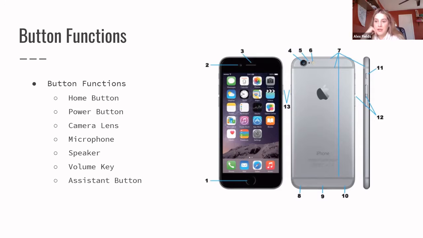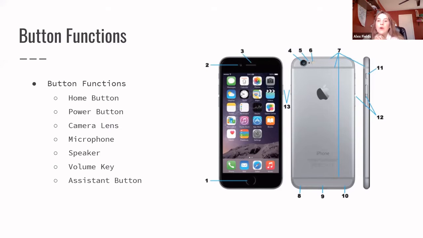Now, from this picture, we have an iPhone that has a home button in the bottom center of our screen. These are one of the older iPhones, but I do want to point out that they are the same function. They have just updated as the newer phones have come out.